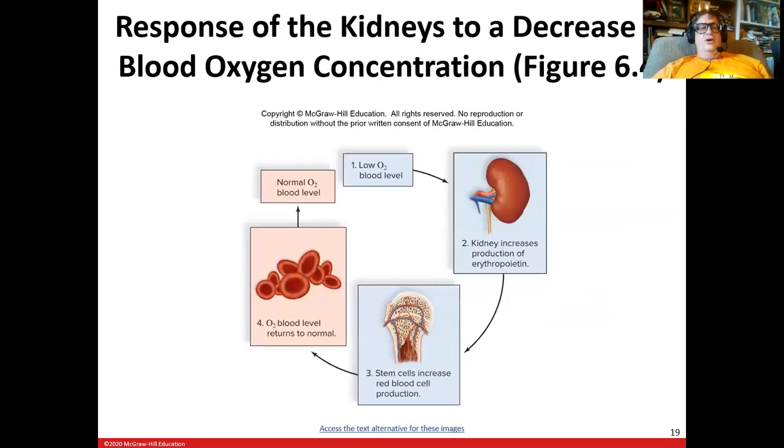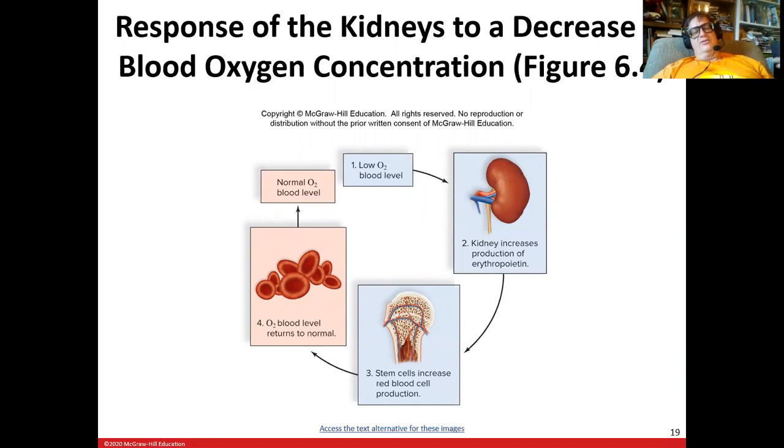So if you're low on oxygen, your kidneys release EPO, erythropoietin, and that will make the stem cells in the bone marrow make red blood cells, or make red blood cells grow up faster. And then you'll have more red blood cells, so you carry more oxygen.